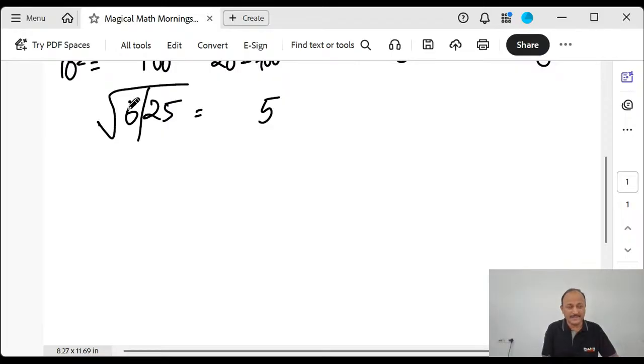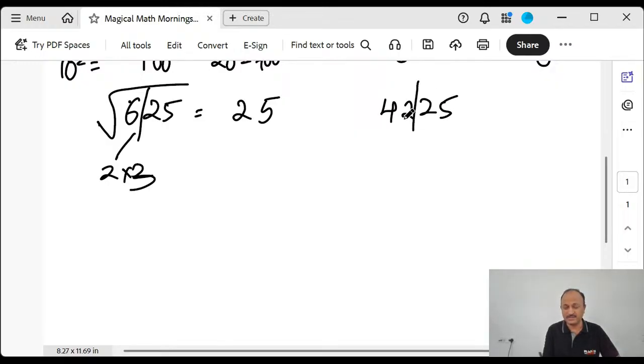The first part is 6. 6 we should write as the product of two consecutive numbers: 2 into 3. Among these two numbers, which is the smaller number? 2. Therefore, 25 squared is 625, or the square root of 625 is 25.